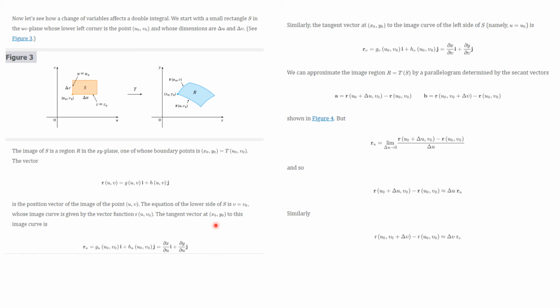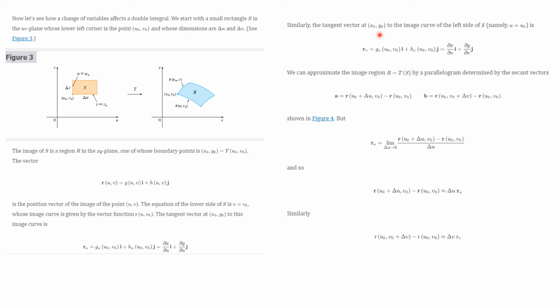The tangent vector at (x0, y0) of the image curve is then r partial u, with v0 fixed, and this can be written as the partial of x with respect to u in the i direction and the partial of y with respect to u in the j direction.